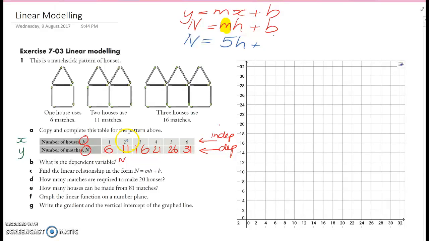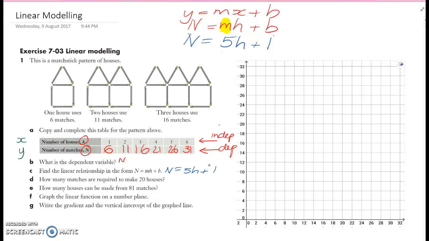If I go 5 times 2, that's 10, but I've got 11. What if I go 5 times 3? That's 15, but I've got 16. 5 4s are 20, but I've got 21. So it's not just 5 times. I have to actually add an extra 1. So there's my formula: 5h plus 1. So n equals 5h plus 1.